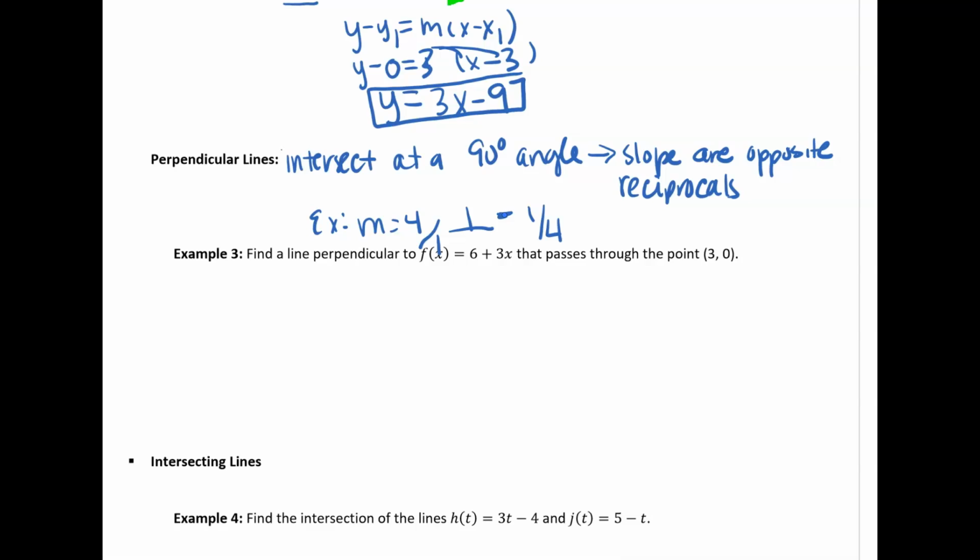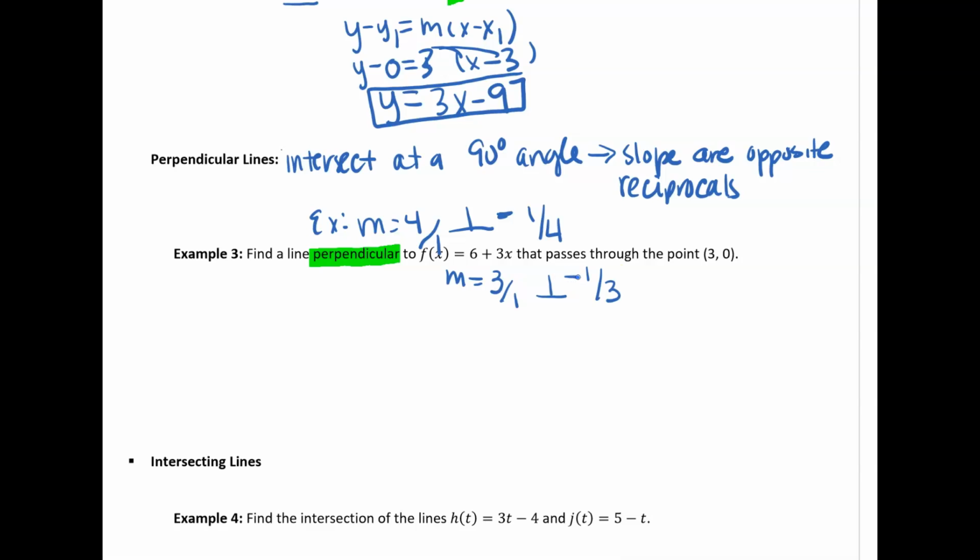So again, let's do an example and work with that one. It says find a line that is perpendicular to this equation and passes through the point 3, 0. So same equation, same point, but now I want it to be perpendicular. So if this slope is a slope of 3, we don't want to use that. We want to put it over 1, and the one that would be perpendicular to it is flip it to 1/3 and change the sign to negative.